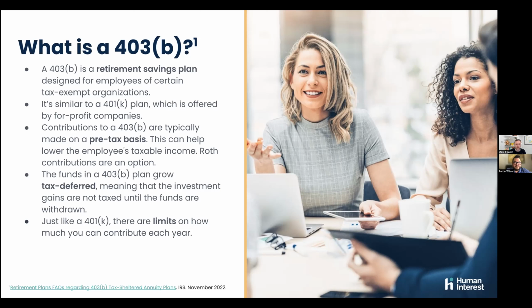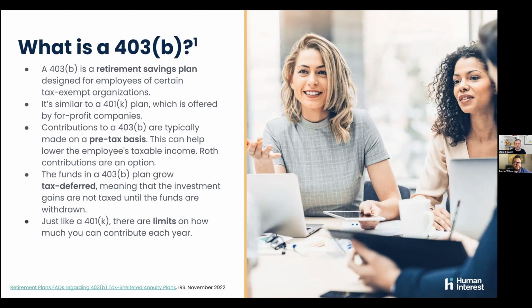And the great thing about both 401ks and 403bs is all the money that you place in there for your retirement account, for your retirement when it happens, can grow undisturbed by taxes. So that's what we call tax deferred. So for the entire time that it's in there, Uncle Sam's not coming in and taking little bites at it. It just grows and grows and grows.